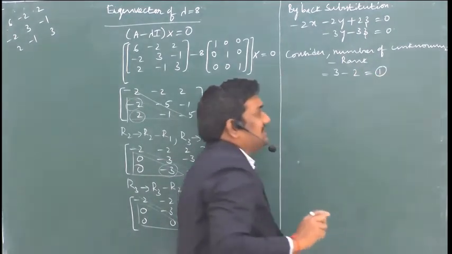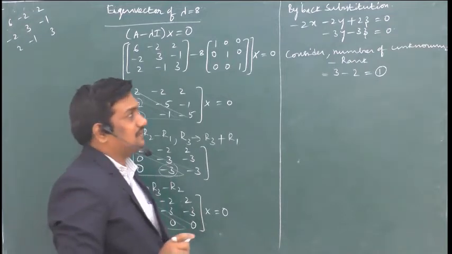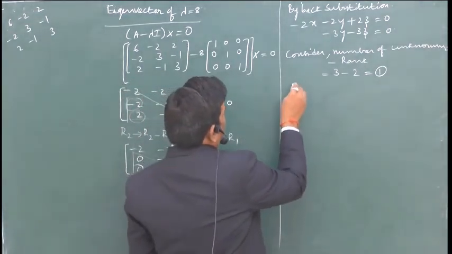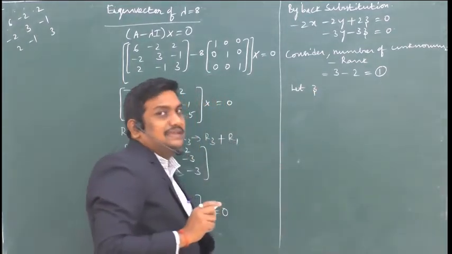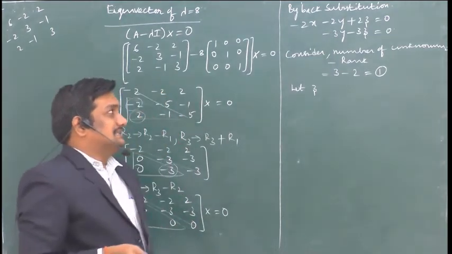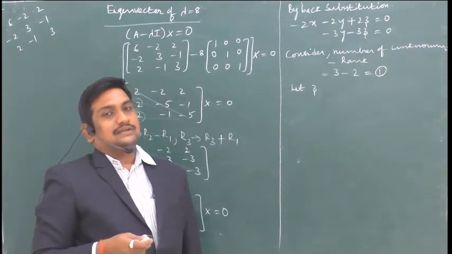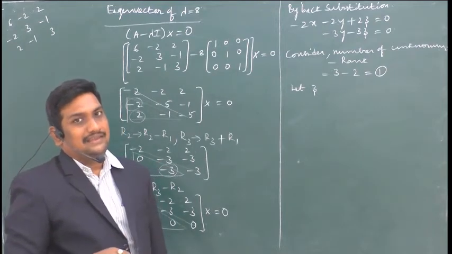So this difference is saying that you need to assume one unknown. Let us assume one unknown so that by using that, all the remaining unknowns can be easily evaluated. So you need to identify such a variable so that using that variable, all remaining unknowns can be calculated.